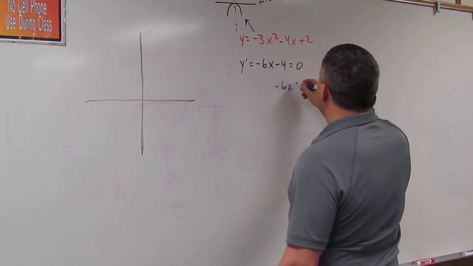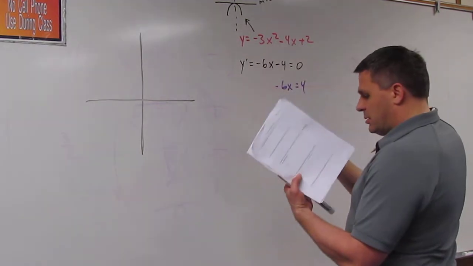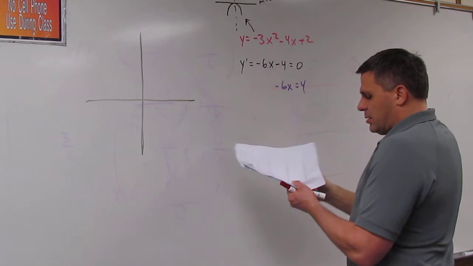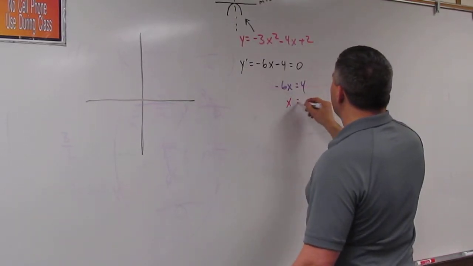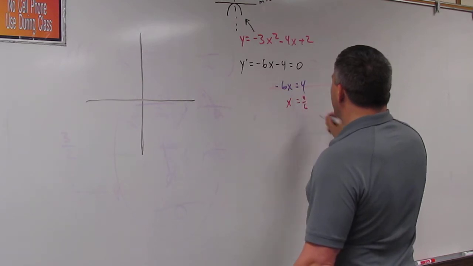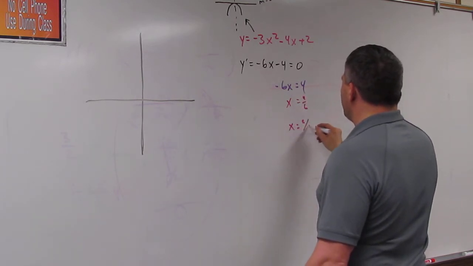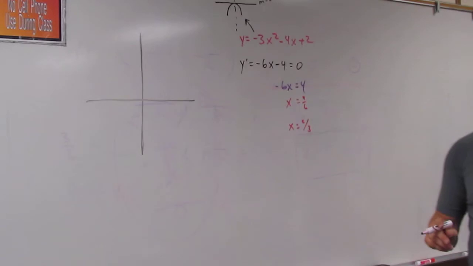So now I have negative 6x equals 4, and x equals 4 over 6. So x is equal to 2/3. Okay?